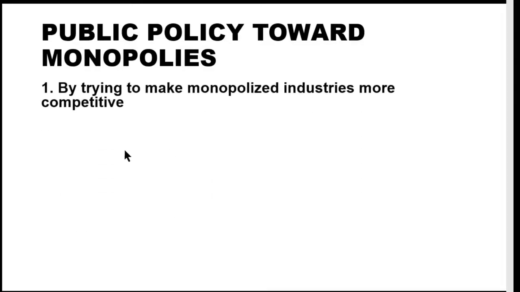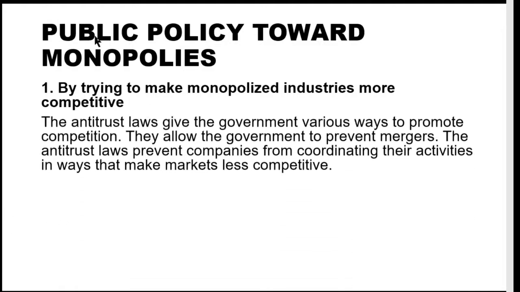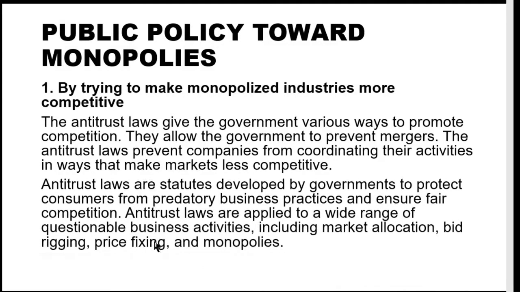So first, they try to make monopolized industries more competitive by using antitrust laws. And what are antitrust laws? These are statutes developed by governments to protect consumers from predatory business practices and ensure fair competition. So this would be applied for the following questionable business activities like market allocation, bid rigging, price fixing, and monopolies.